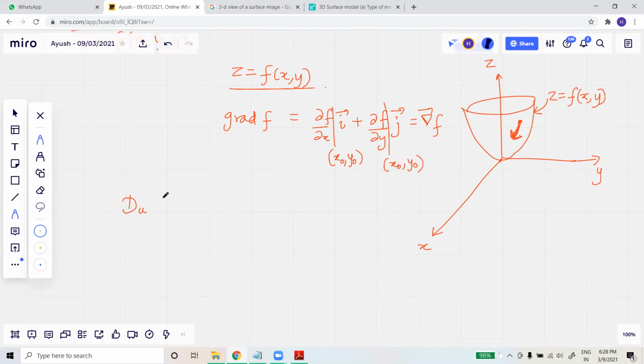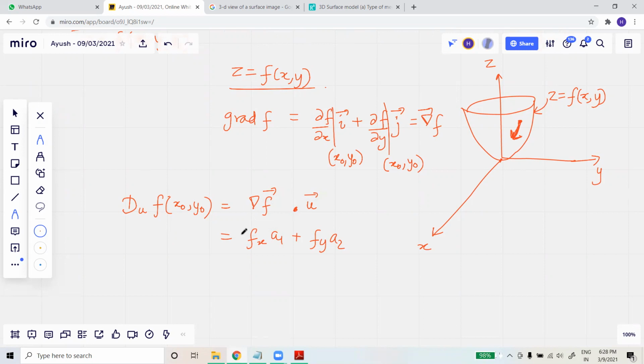So what was Du of the function f at the point x0, y0? It was gradient f dot u, correct? Basically it was fx, the component of u a1, plus fy and a2, which is delta f dot u.